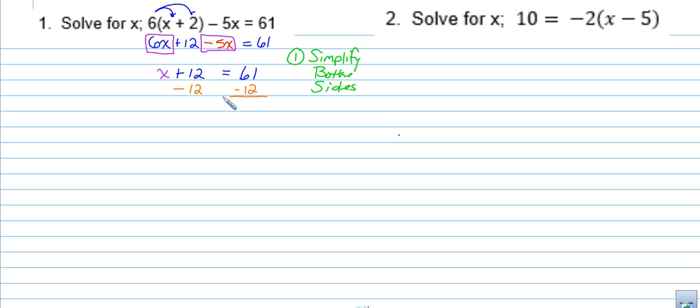You always want to make sure that you're working from the side with the x towards the other side when you're solving equations with just an x to the first power. 12 minus 12 is 0, okay? So then the x will come down, and it will equal 61 minus 12, which is 49.